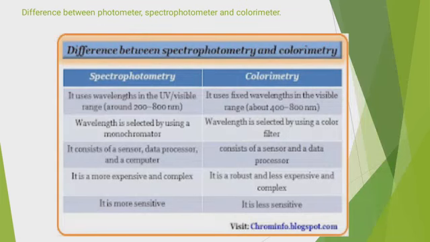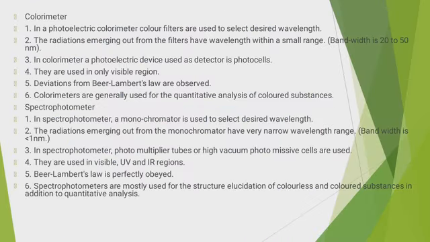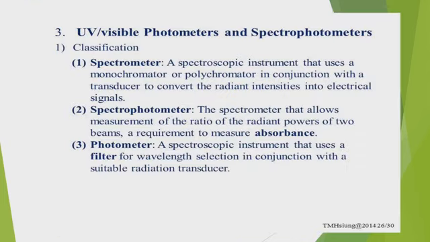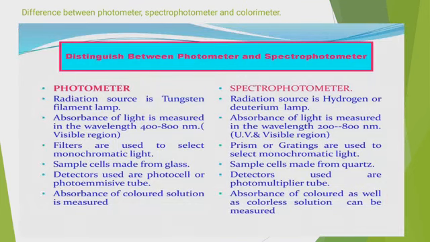In the case of the colorimeter, we also use the tungsten lamp as the source of radiation.